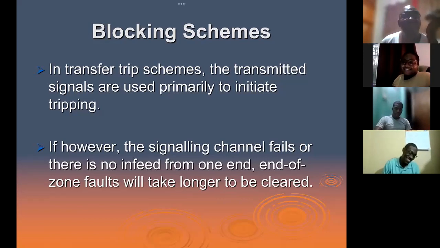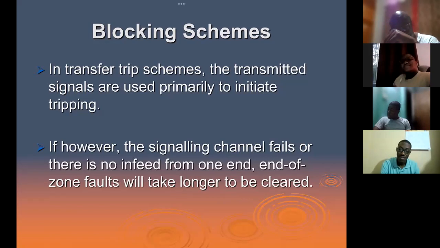And that is the beauty of the blocking scheme. Because for the transfer trip schemes, yes, the transmitted signals, those signals that we are sending, are always sent to initiate tripping. In the blocking scheme, however, the signals are sent to prevent tripping.